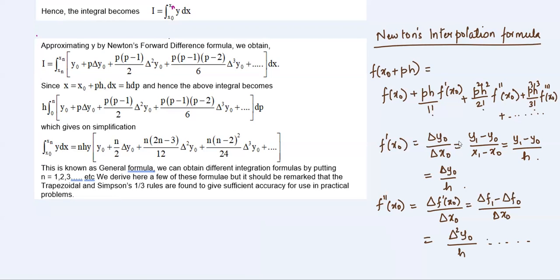So when we substitute this, we can see here, we can substitute this. Now f dash x is delta y naught upon h. Next, we will write p square h square upon 2 factorial into this one, f double dash.